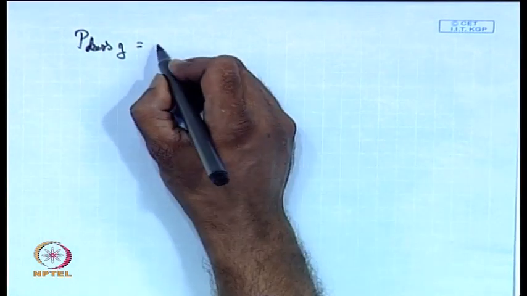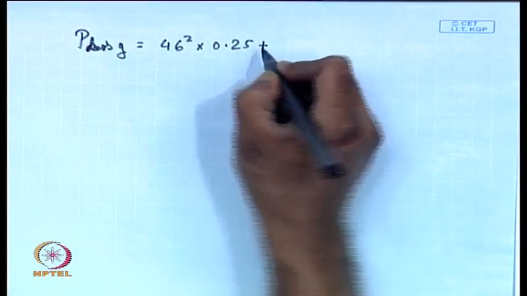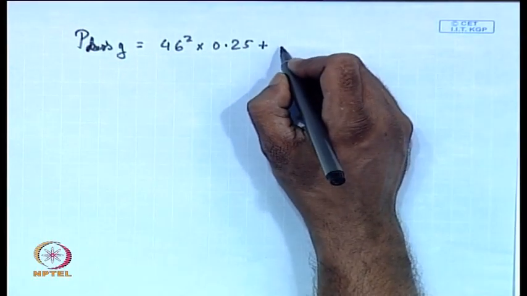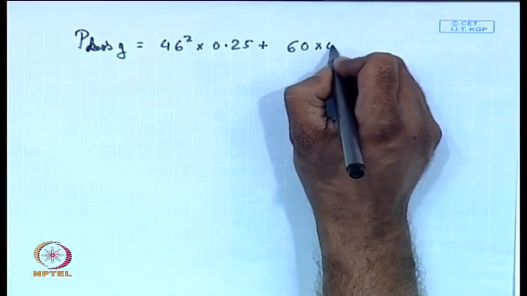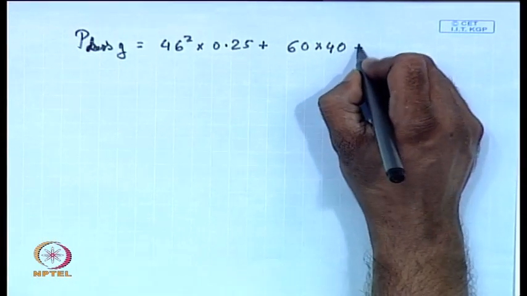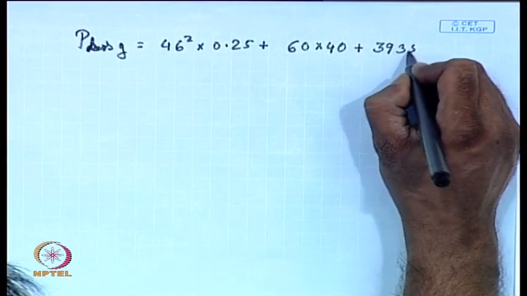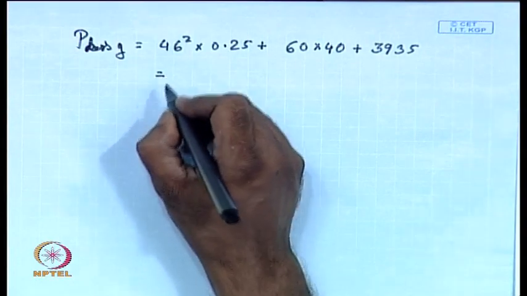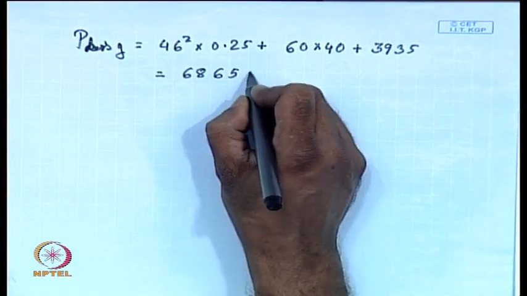So, total generator loss is again 46 square into 0.25 plus 3935 comes to 6865 watts.